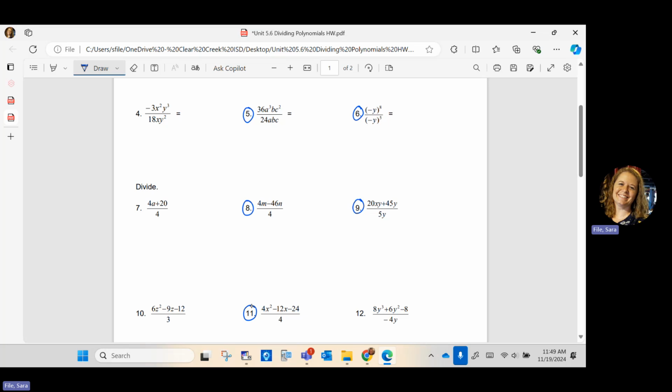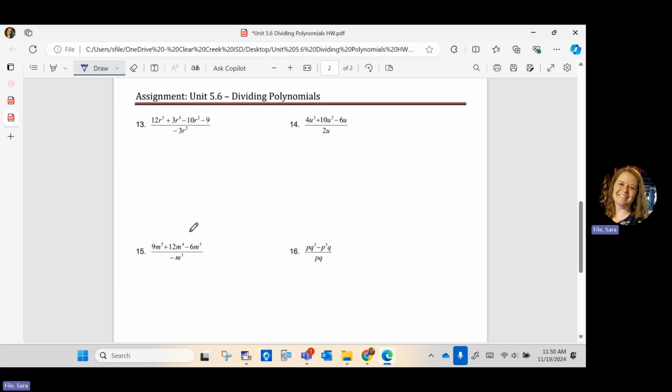And then if you flip over to the back, you're going to do 13, 16, 18.